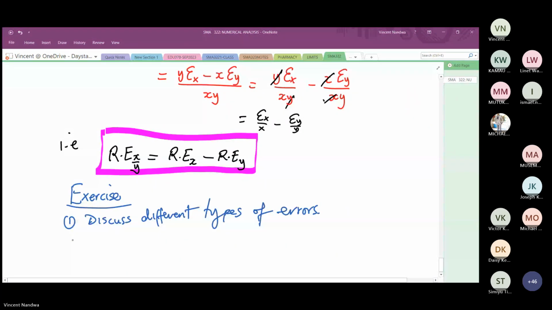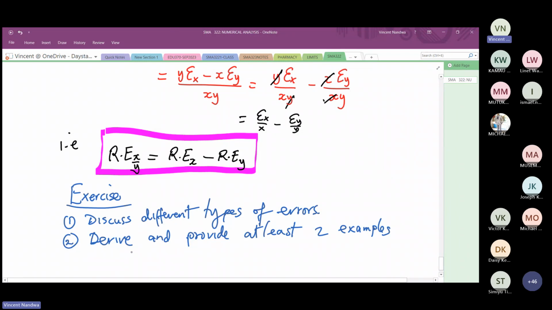Number 2, derive and provide at least 2 examples on error propagation for a function of more than one variable.